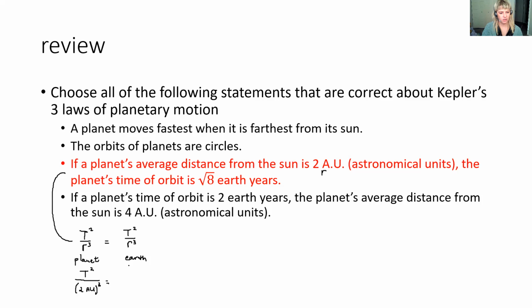T squared over R cubed for Earth actually becomes 1 because the period of Earth is 1 Earth year, right? And the distance from the Earth to the Sun, we said, was 1 astronomical unit. It's like 1 squared over 1 cubed. It just ends up being 1.